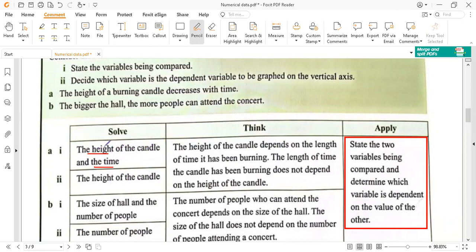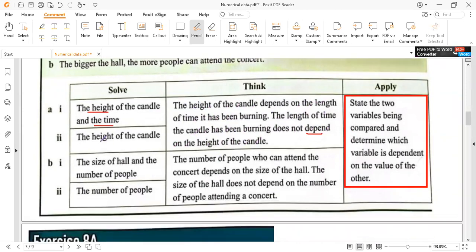So the height is the dependent variable, which depends on the time, known as the independent variable. The height of the candle depends on the length of time it has been burning. The length of time the candle has been burning does not depend on the height of the candle.